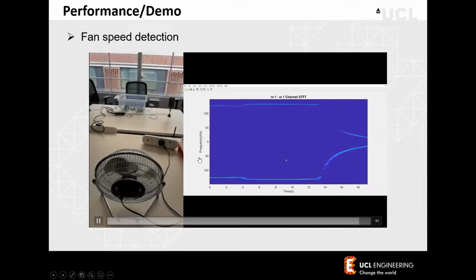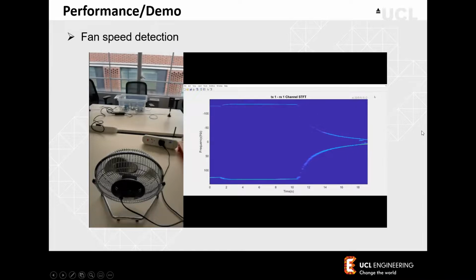Yeah, so this one shows how the CSI system can be used to detect the speed of the fan. You can see very clear Doppler traces in both the positive and negative domains, and we can also see very clearly when there is a change of speed, and in the end when the speed is slowing down over here.